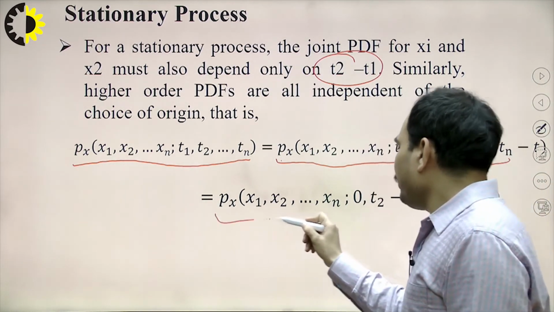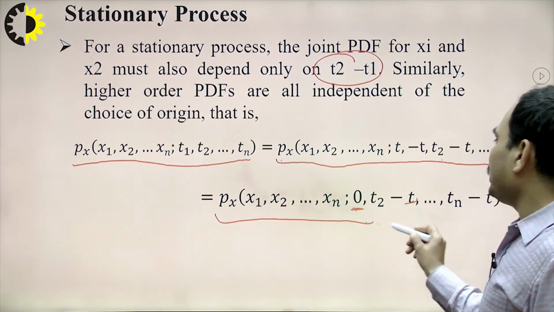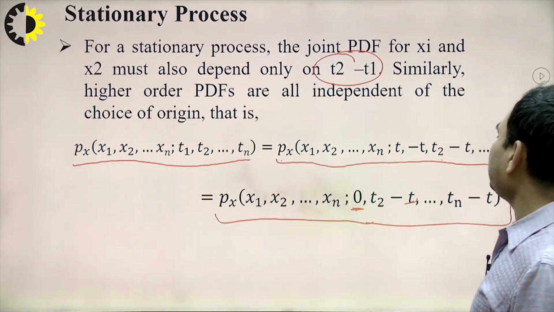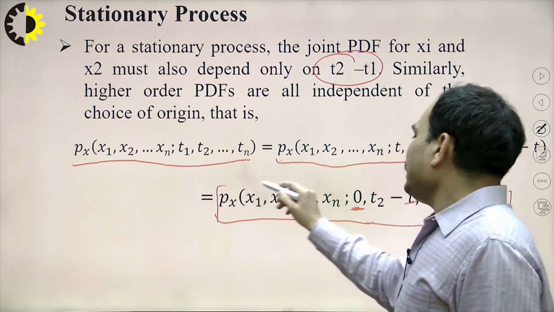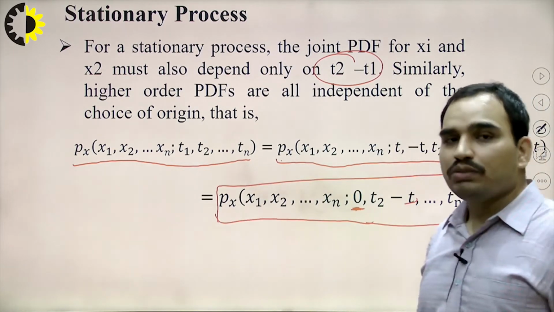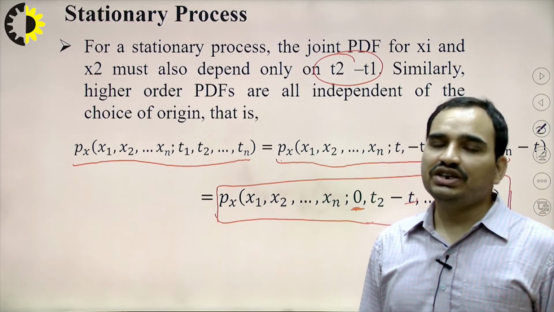And if we are shifting the origin, so that t1 minus t as 0 we are putting, so it is exactly the same. So this is all about the strict sense stationary process.